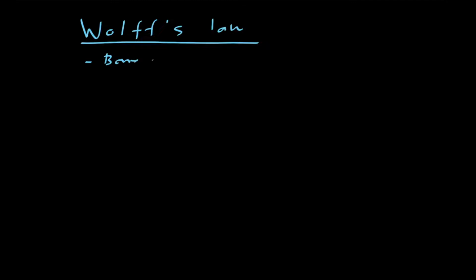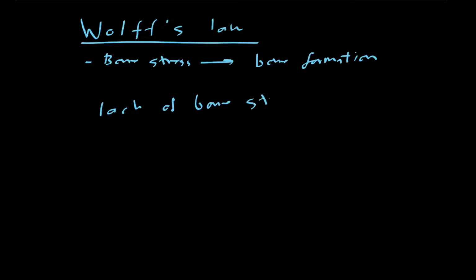So bone stress leads to bone formation at that particular area. And then the opposite is also true. So what would we call it? Lack of bone stress. That leads to, maybe we can call it bone resorption.